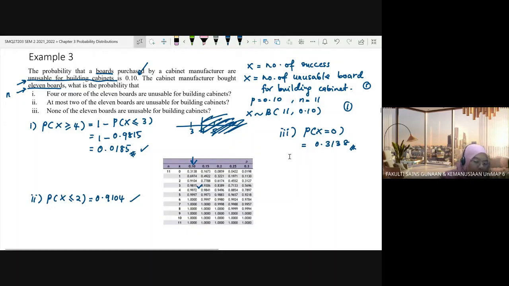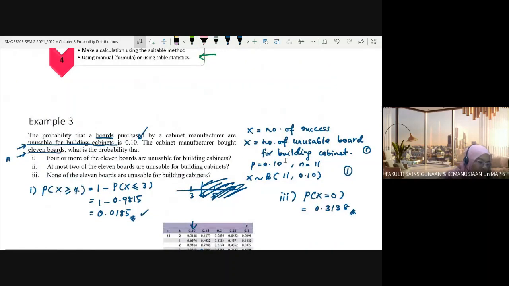Most of the time, you will not be provided with the probability distribution or what X refers to. Unless you are given multiple choice questions or true or false questions, then everything will be simplified.